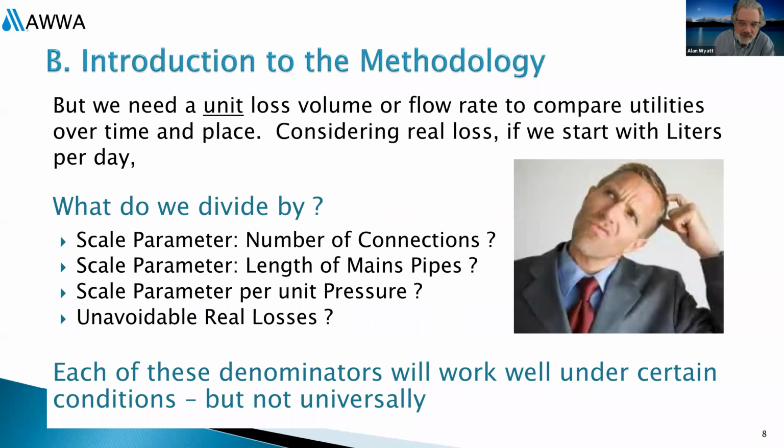And as an example, if you use real loss and you're starting with liters per day, do we divide by connections? Do we divide by length of mains, or per unit of pressure, or by unavoidable real losses? You know, each of these works well under many circumstances, but has some quirks in certain situations.